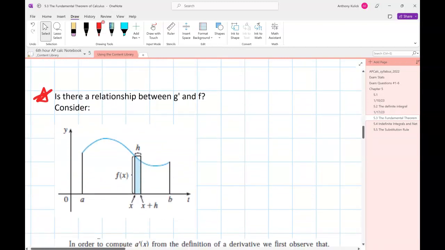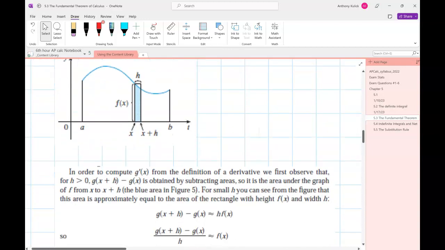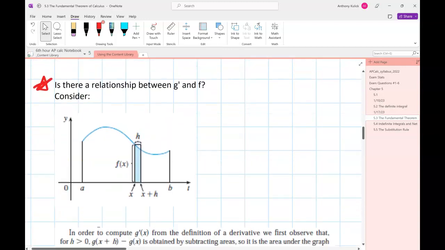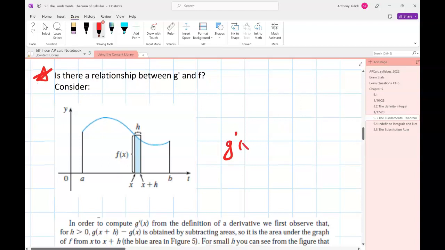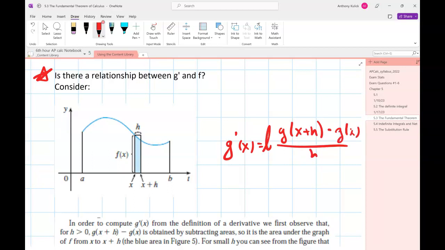So let's go back to our definition of a derivative. Our definition of a derivative is going to be the limit as h goes to 0 of g of x plus h minus g of x all over h. Everybody agree with that?